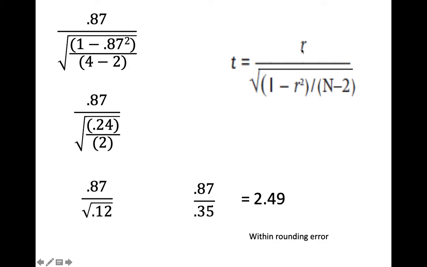When we did a t-test earlier in the class, the effect size was really the difference between two groups. Here, our effect size is a relationship between two variables. It's a correlation. The denominator of the formula is a measure of standard error. When looking at the difference between two means, a standard error is about how much different would we expect any two means to be if we sampled them from a population.